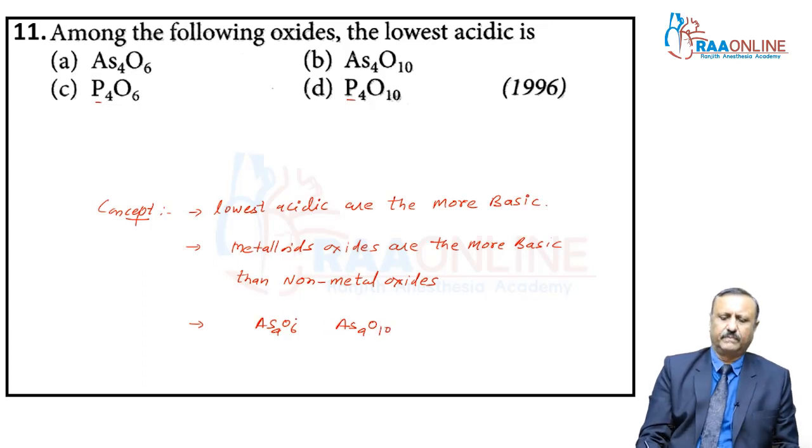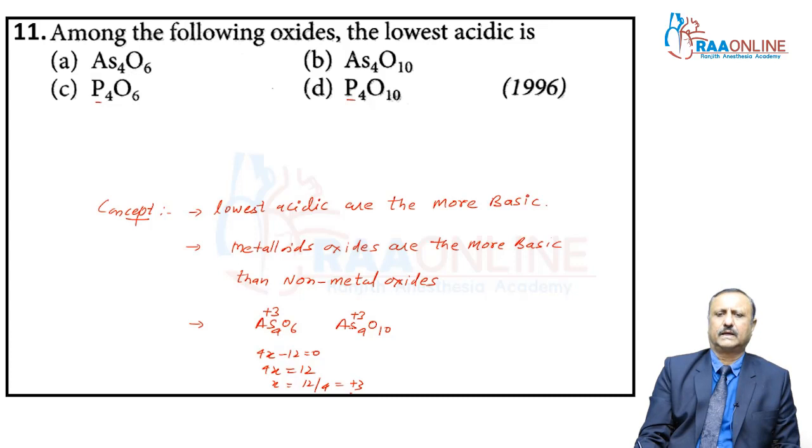What is the difference between these two compounds, As4O6 and As4O10? Here, my dear students, the oxidation number of arsenic in As4O6 is +3, because you can calculate 4x minus 12 is equal to 0, 4x is equal to 12 and x is equal to 12 by 4. That's why you get the +3 oxidation state.